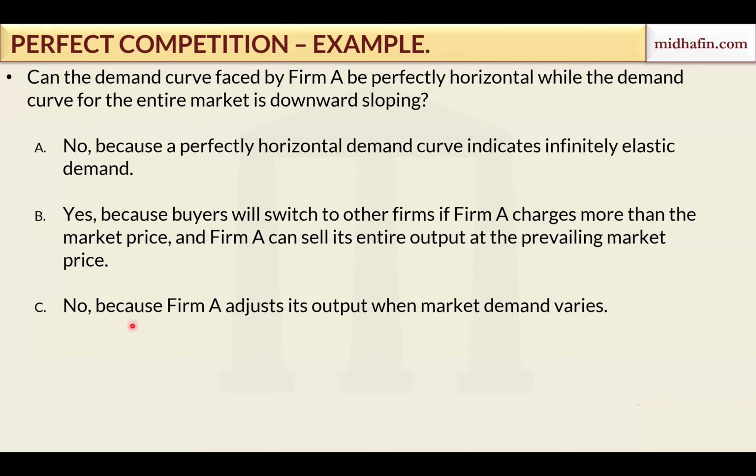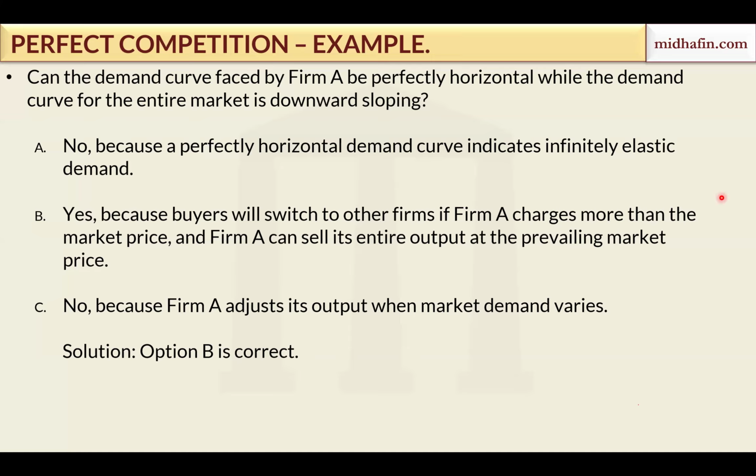So the answer is option B actually. Okay, because buyers will switch to other firms if firm A is charging more than the market price, and firm A can sell its entire output at the prevailing price. So for a single firm, it is possible that the demand will be perfectly horizontal, and that is what we have seen earlier.